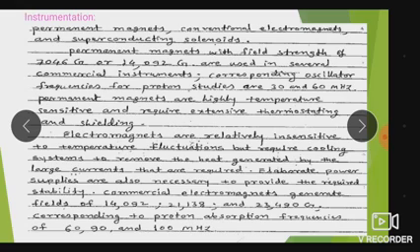As the name suggests, electromagnets are generated by passing electricity, and elaborate power supplies are also necessary to provide the required stability.